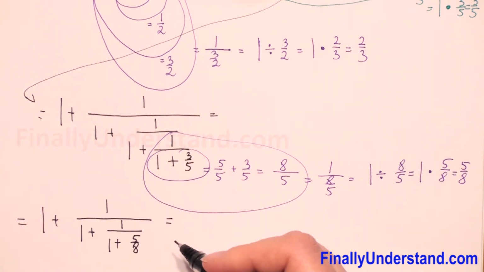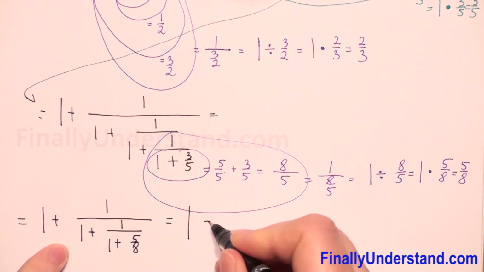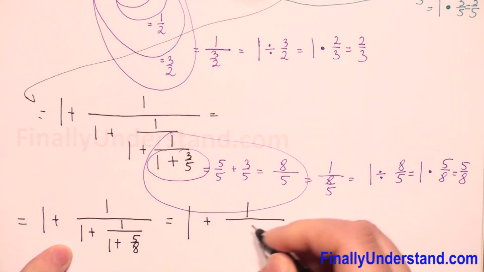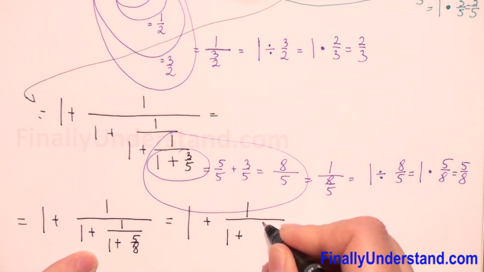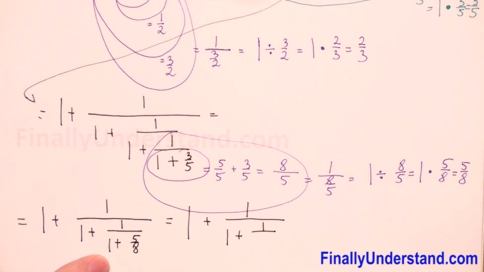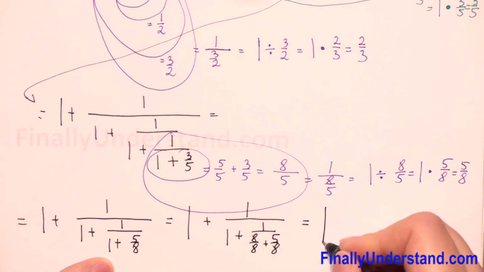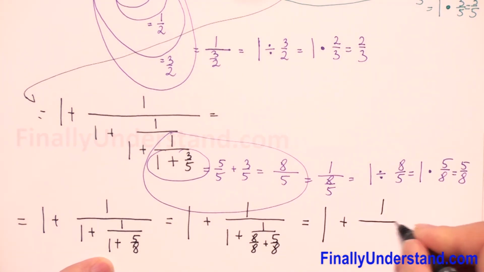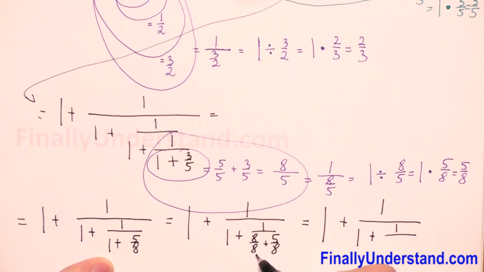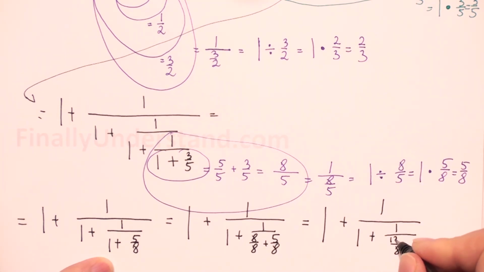So this is equal to 1 plus 1 over 1 plus 1 over 1 plus 5 over 8. We can rewrite 1 as 8 over 8 plus 5 over 8. The same denominator, so we copy the denominator and add numerators. 8 plus 5 is 13.